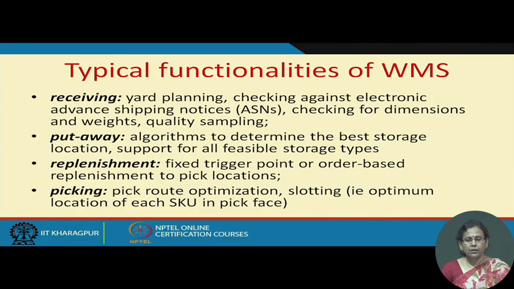What are the typical functionalities of WMS? Receiving, which includes your yard planning, checking against electronic advance shipping notice, checking for dimensions and weights, quality sampling and so on. Then the next function is put away. It has to have algorithms to determine the best storage location, and it has to support all possible storage types.